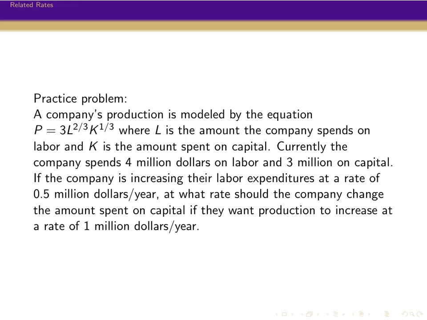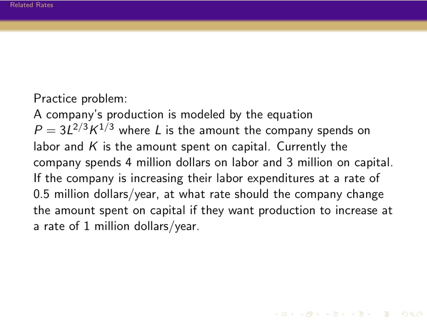Okay, now for the practice problem. So we'll talk about this in class on Monday. So the practice problem is a company's production is modeled by the equation P equals 3 times L to the 2/3 times K to the 1/3, where L is the amount the company spends on labor and K is the amount spent on capital.